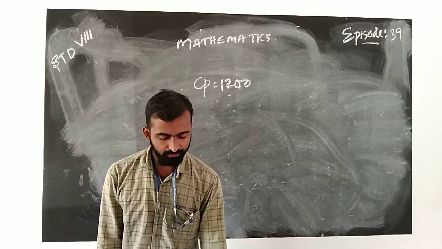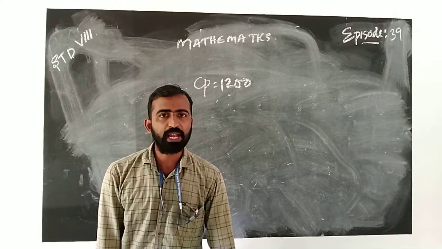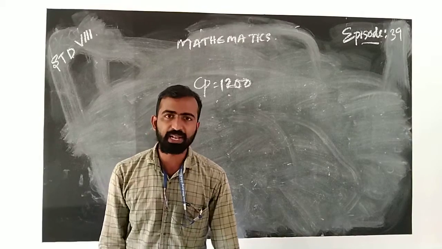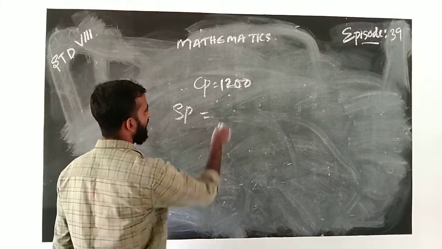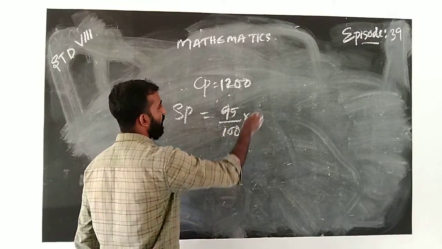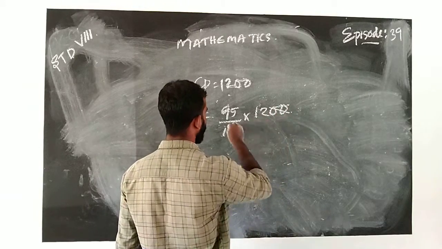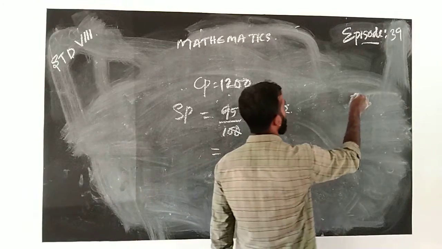So we can find the selling price with 1200. That is, the first one's selling price is 95 by 100 into 1200. That is 95 into 12.